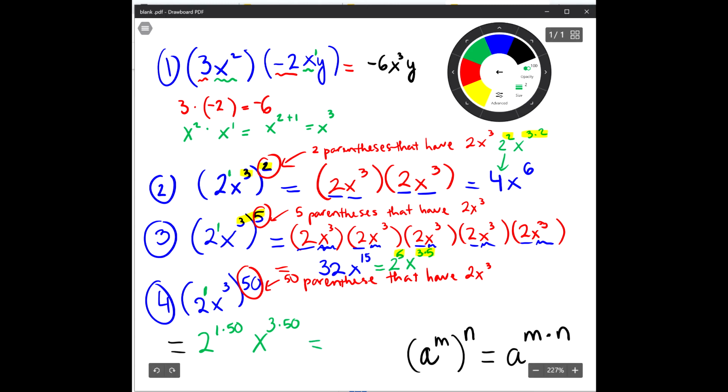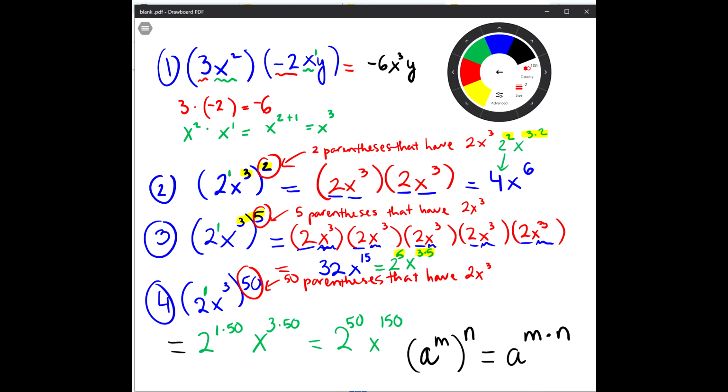And that gives me 2 to the 50 and x to the 150. And if you're doubting, you can go ahead and write out 50 parentheses that have 2x cubed in each parentheses, and then you can work it out to see if we got the same answer.